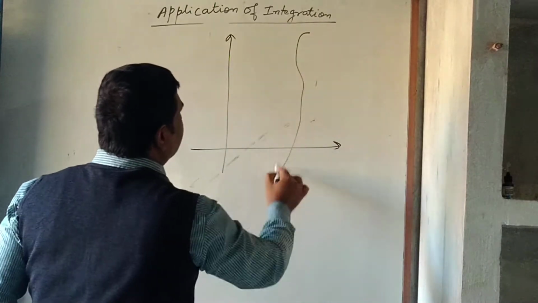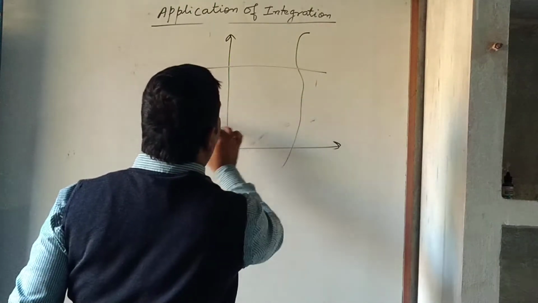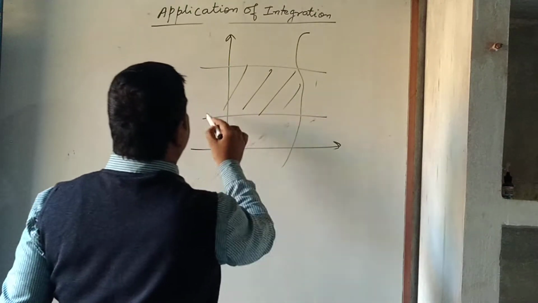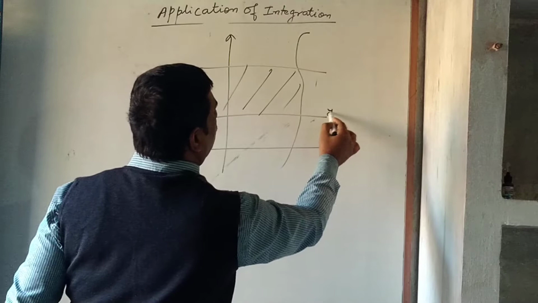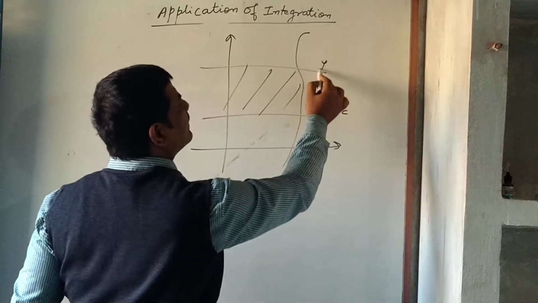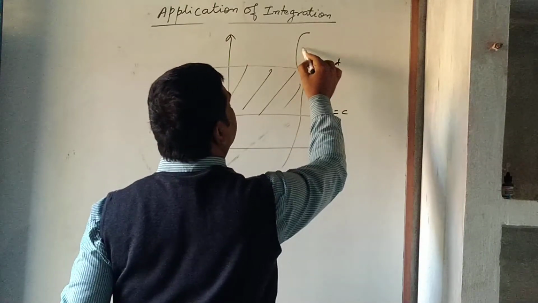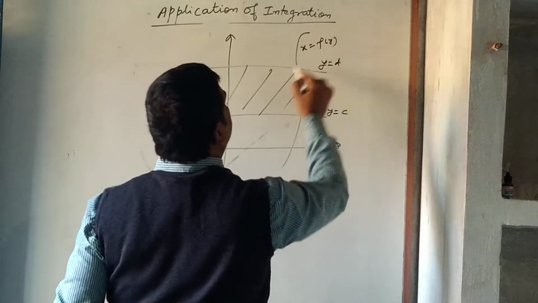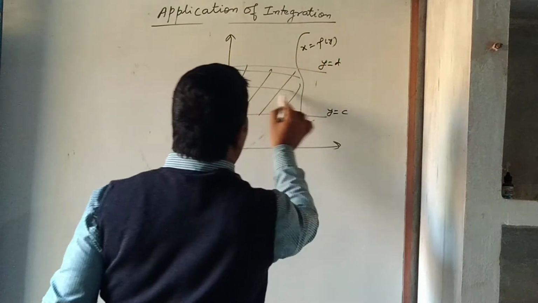Your curve may be given like this, and we are intended to find this area. This is the line y equal to c, and this is the line y equal to d, and the curve is given by x equal to f(y). So this area we are intended to find.